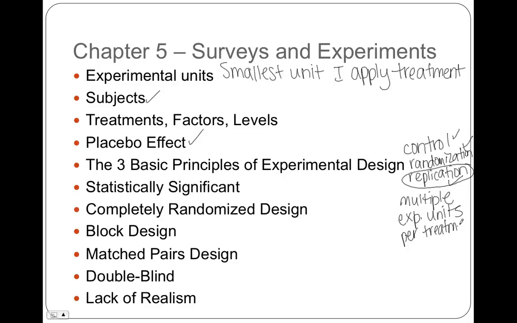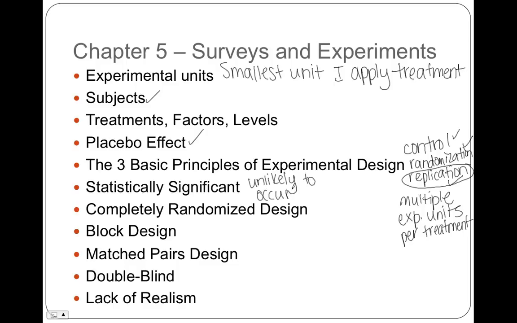Okay, if I only have one experimental unit per treatment, then I don't know if differences in the response are because of the treatment or because of variability among experimental units. So that means I need lots of bunnies receiving each treatment so that differences in individual bunnies don't make a difference.